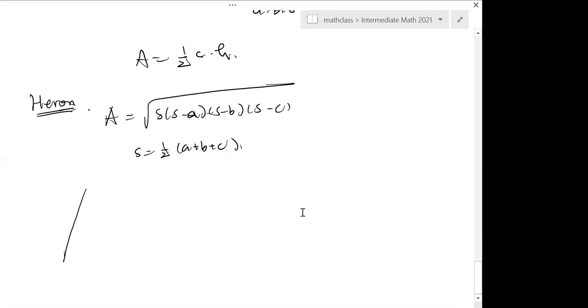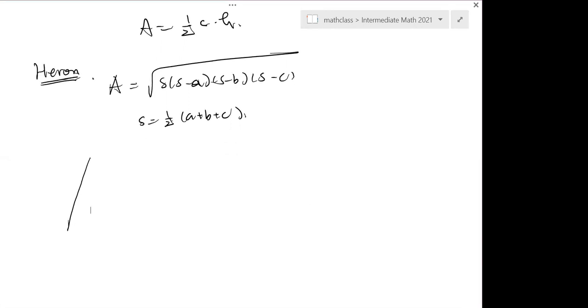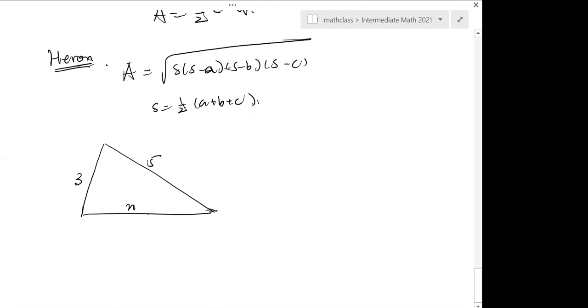For example, let's take a look at this triangle. There are two problems here. This side is 3, that's 5, and here is n. First of all, let's determine what values of n still give a triangle, and n should be an integer.